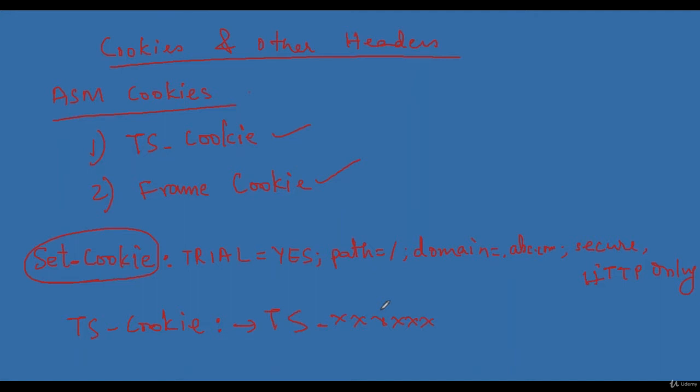If either the cookie set by the application or the cookie inserted into the response by ASM is tampered with, then a violation will get triggered. ASM validates its own cookies by signing each one with an MD5 digest and enforcing matches between cookies using a proprietary message key. So this TS cookie also helps us in detecting session expiration.